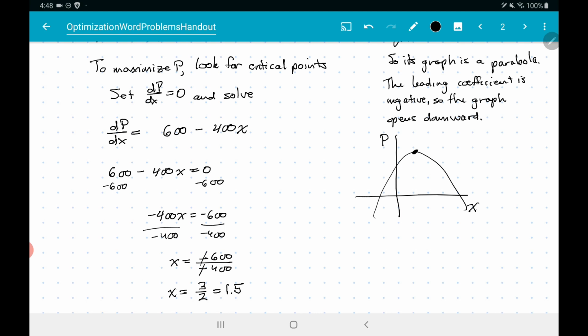Furthermore, since this is a parabola, it's either a hill or a valley. There's no other zigzagging it can do. If it's a hill, then that local maximum is also an absolute or global maximum.